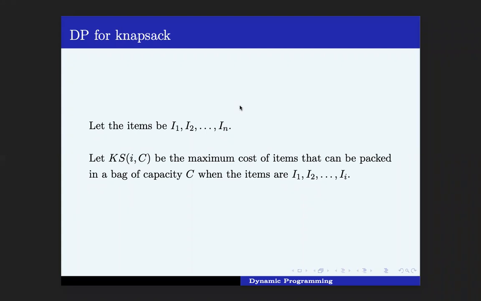That case won't arise, right? Yes, if Vn is more than C, that case won't arise. You're completely right. For now, we can assume that all the Vi are less than C, because if it is more than C, then with one check, a linear scan, you can throw away those items.